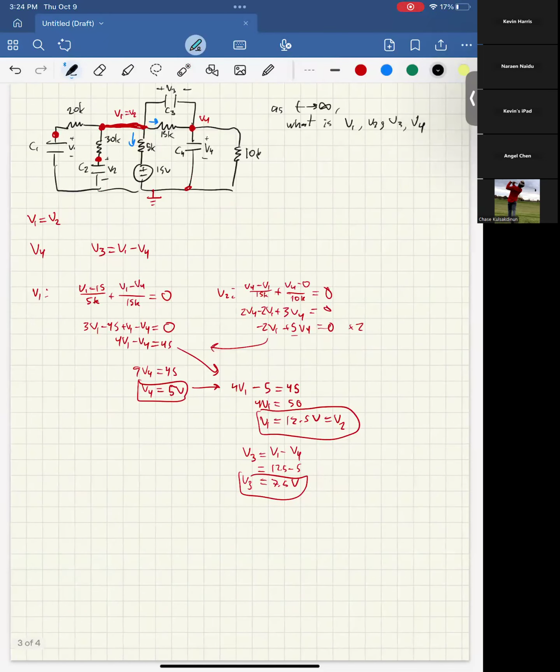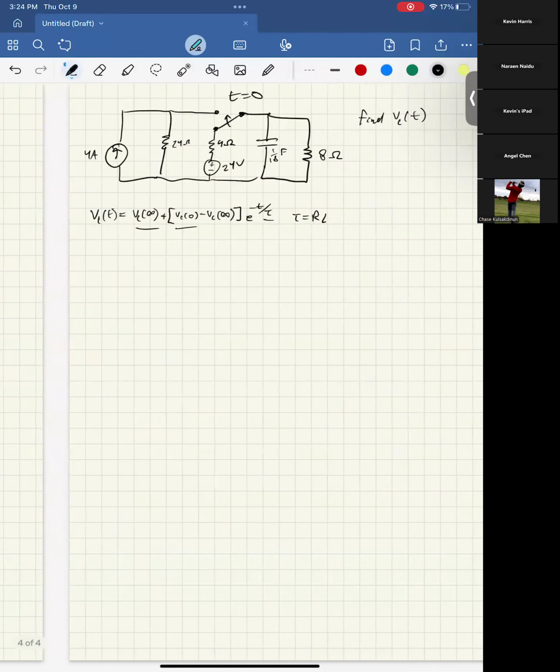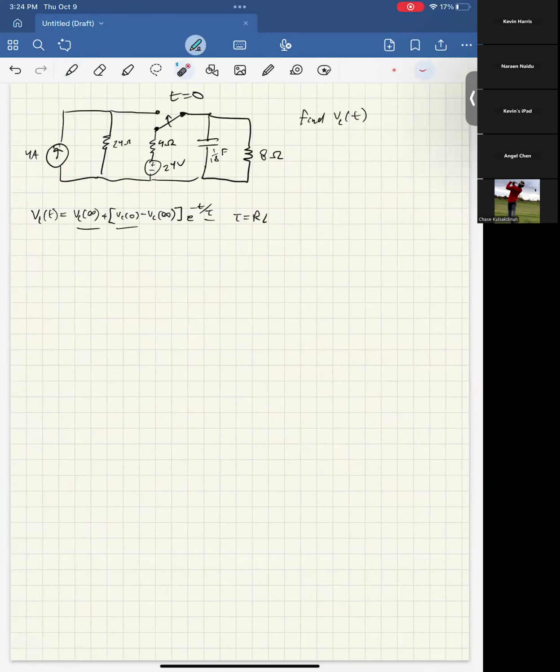So the real point is that when the switch goes from here to here, before the switch moves, the capacitor is charged up to some voltage VC at this point. After the switch changes to go up here, it's connected to this current source and no longer connected to here. Now the voltage will approach some other value, but it starts at what our VC of 0 minus was.